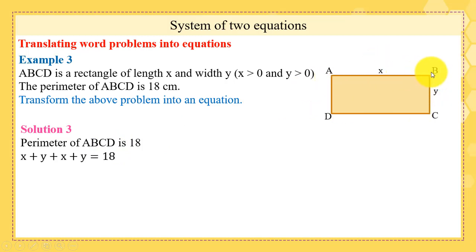So AB plus BC plus CD plus DA is equal to 18. AB is equal to DC, opposite sides of a rectangle, and AD equal to BC, opposite sides of a rectangle. So 2 times (x plus y) equal to 18, and so x plus y equal to 9.